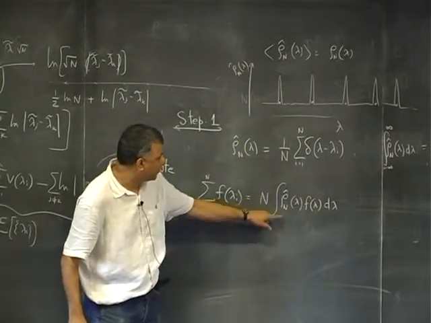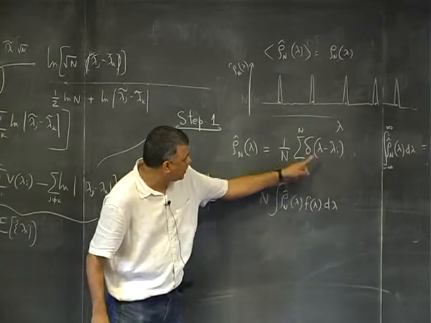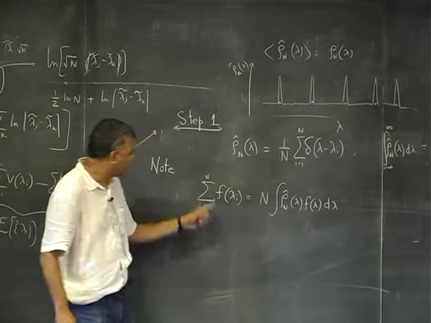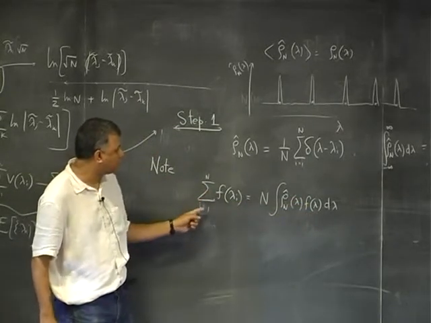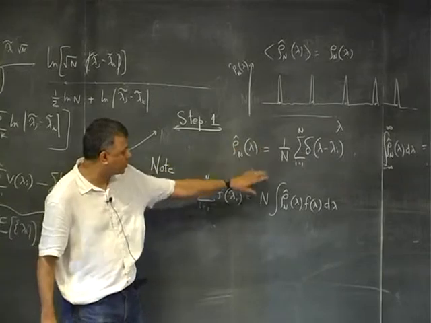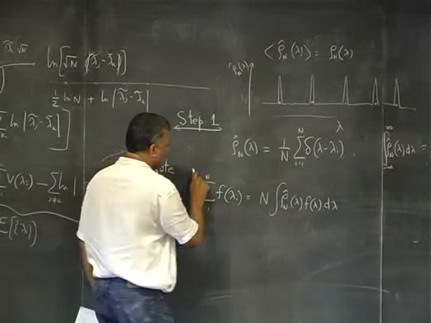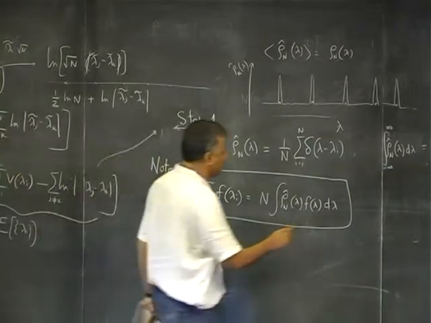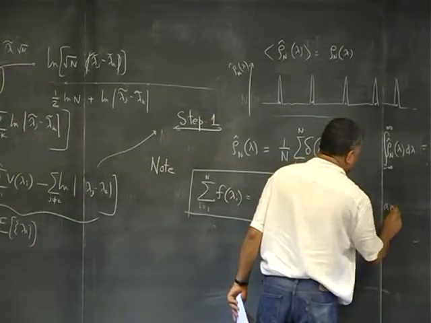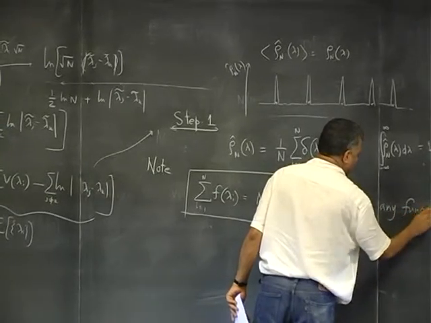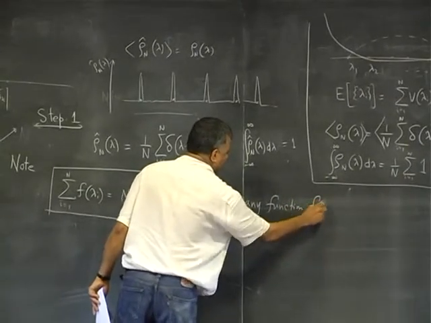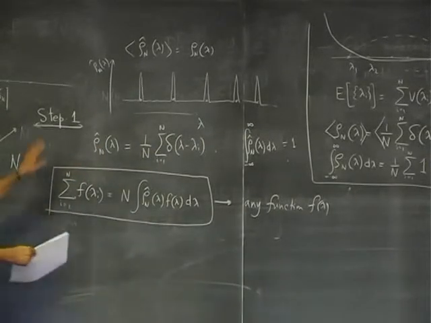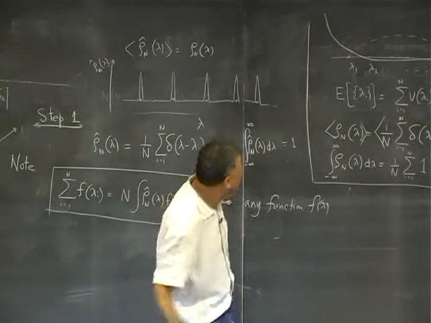So the n will cancel, and when you integrate this delta function from each I, you will pick up f of lambda I. So therefore, you get this sum. Okay? This is a trivial identity from the definition, but this is going to be very useful. It is valid for any function. So this is step 1, definition. Step 2.